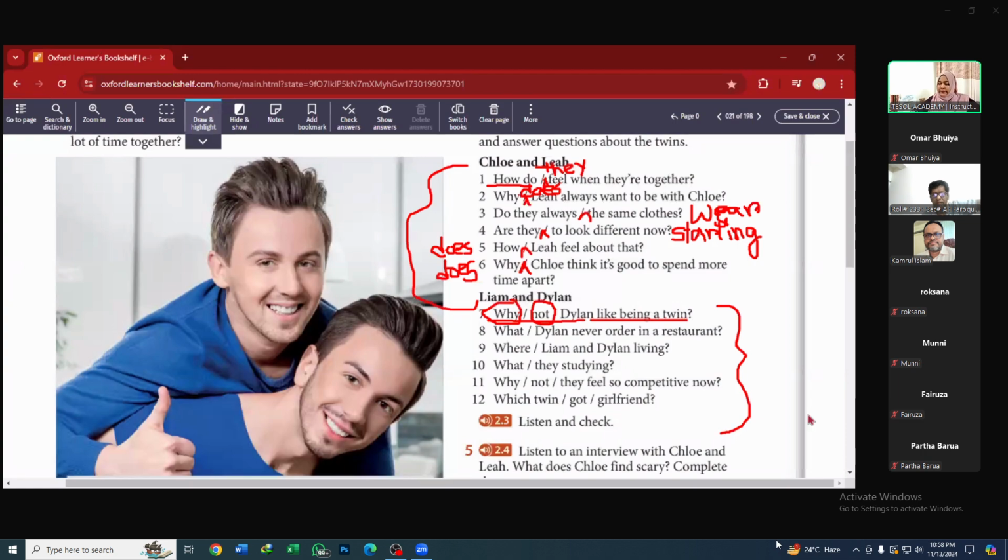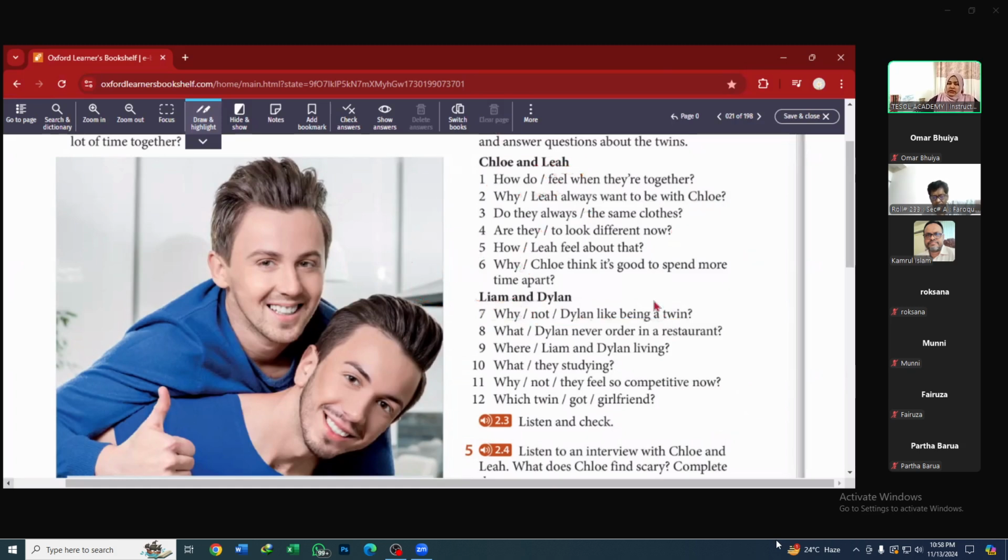Okay, take 2 minutes. I don't think this will take much time. I'll clear the page so that it's easier and cleaner. You start doing the questions and then we'll check.